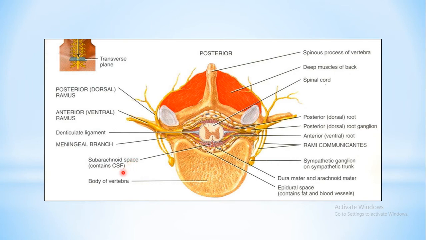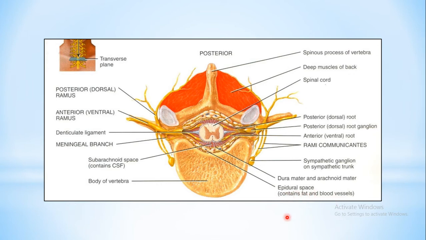This space is filled with the CSF, that is cerebrospinal fluid, which gives protection and cushioning to your spinal cord which is present over here. And this epidural space, that is outside your dura mater, contains the fat and the blood vessels.